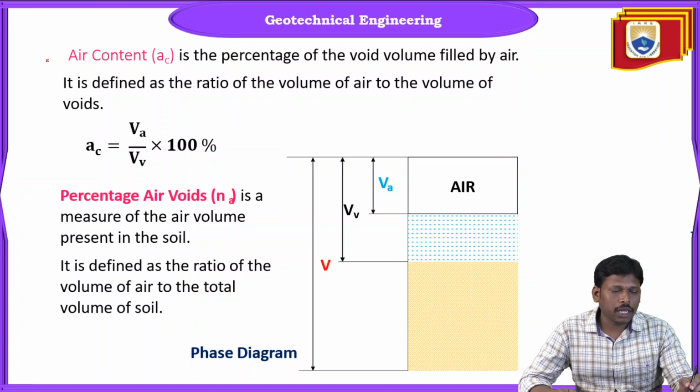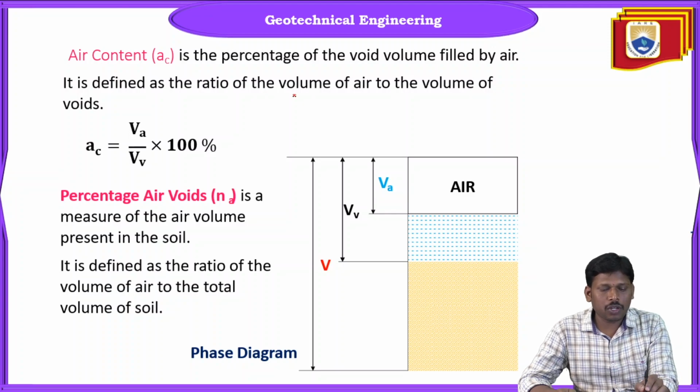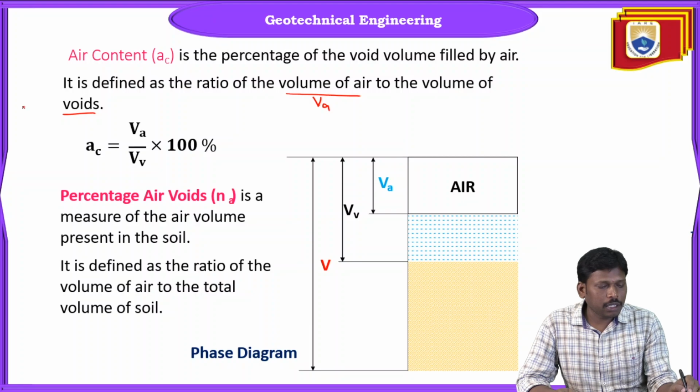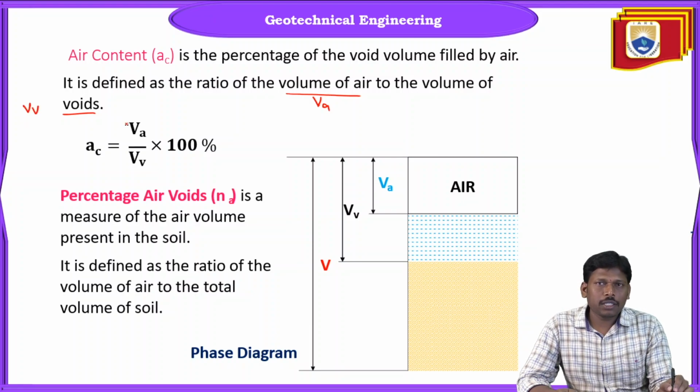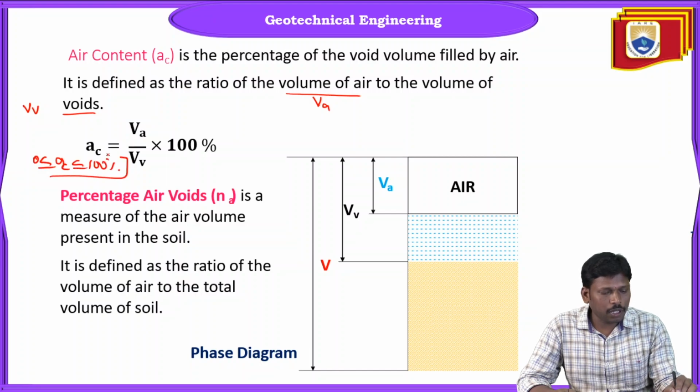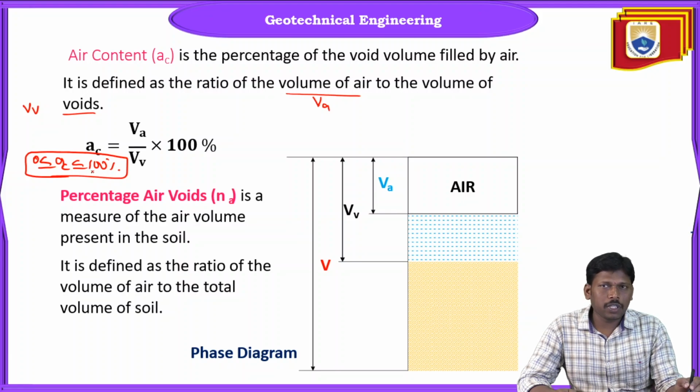The other definition is air content, indicated with the symbol A suffix C. The air content is expressed in terms of percentages, and it is defined as the ratio of volume of air, V suffix A, to the volume of voids, V suffix V. The range of the air content is 0 less than or equal to AC less than or equal to 100%, so it varies between 0 and 100.